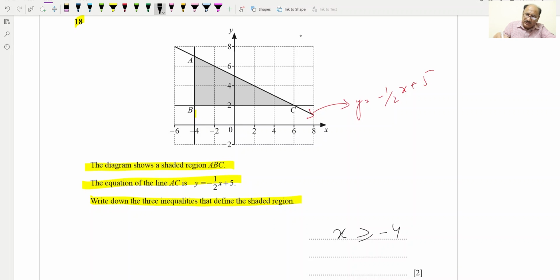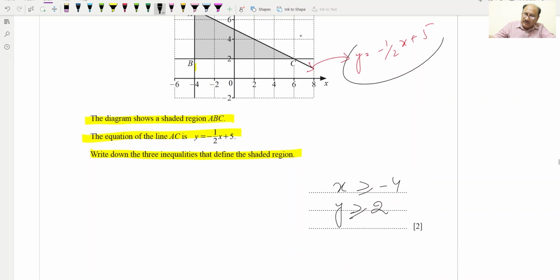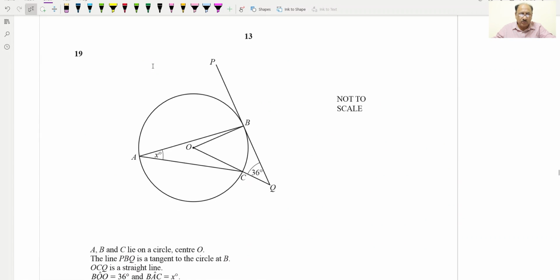Then the line is y is equal to 2, so y should be greater than or equal to 2. And the third will be less than this one, because we are shading the lower portion, so y should be less than or equal to minus 1 by 2x plus 5, and this is a 2 mark question which we are done. Hopefully you understood this. Now we can move to question number 19.